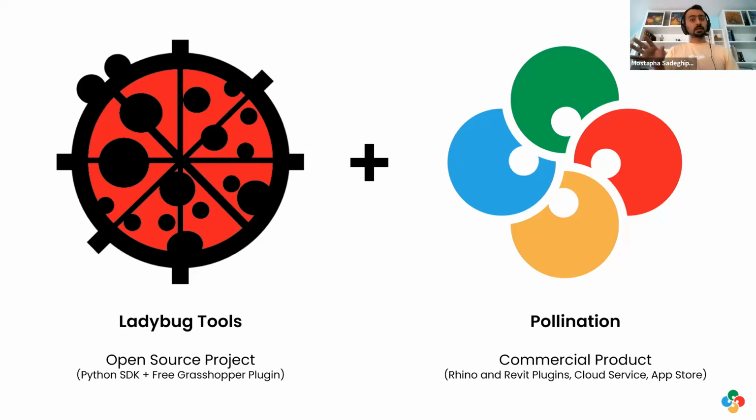Anything under Pollination is a commercial product. Some of the Pollination products are free, some of them are open source, but they are all commercial products that we built on top of Ladybug Tools. So I hope this, first of all, gives a better feeling to Ladybug Tools users, and also clarifies the differences between the two.